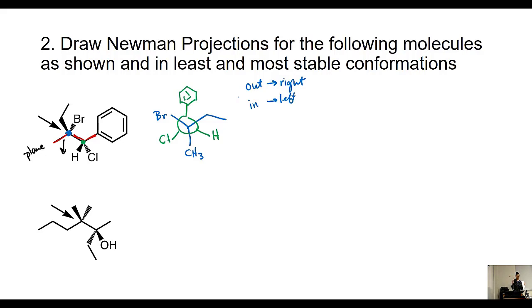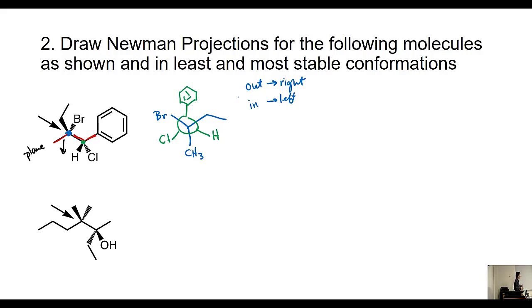Okay. Now what we want to do is switch to our most stable conformation. What does that mean? Isn't that the one where the biggest groups are the furthest apart? Yeah, so basically when we do stable conformation, we want to keep our biggest groups as far away from each other as possible.